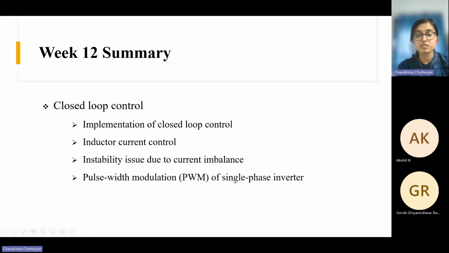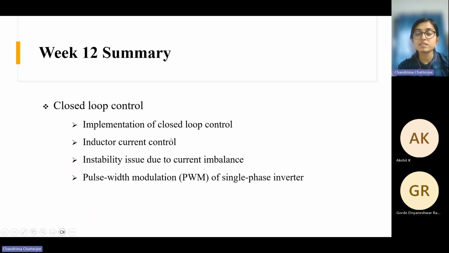So today's topic of discussion is closed loop control of DC-DC converters, and also sine pulse width modulation, SPWM, of a single phase inverter. So yeah, this is another practical aspect that you will require when you run a hardware, right?